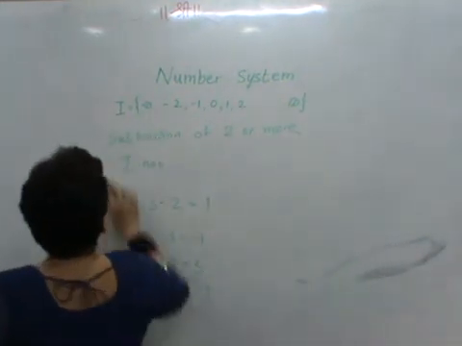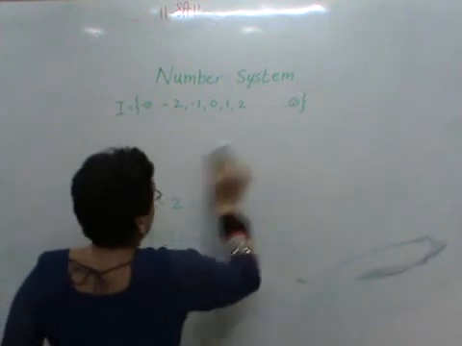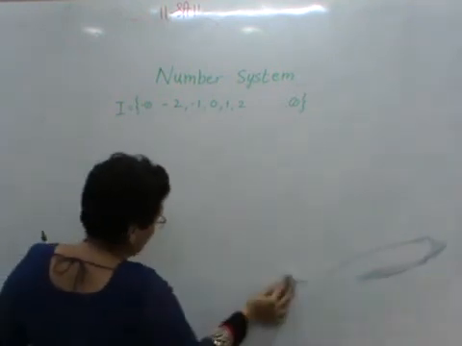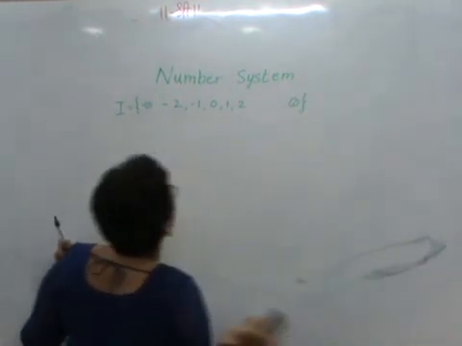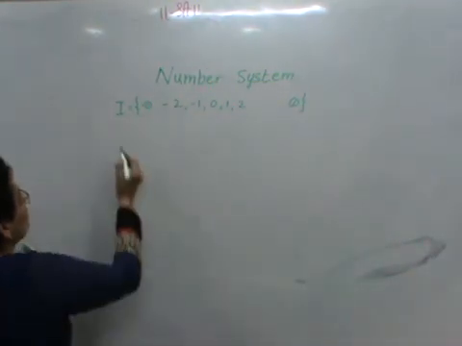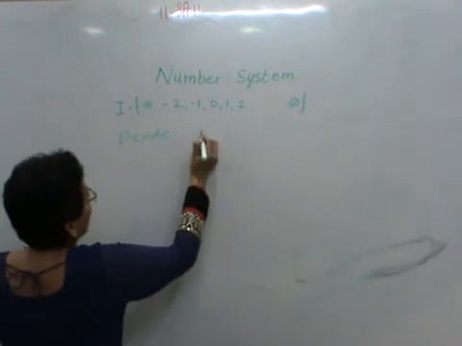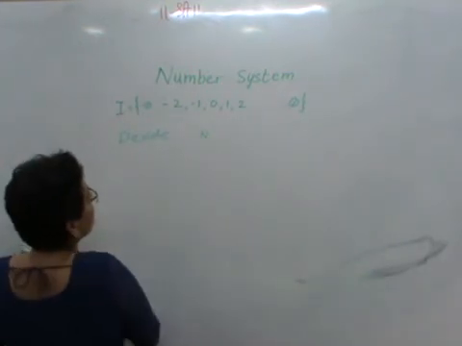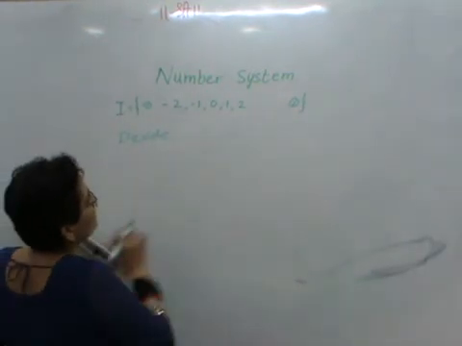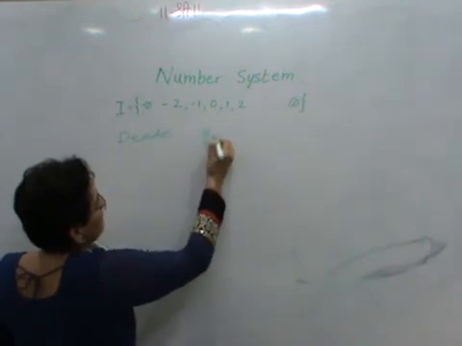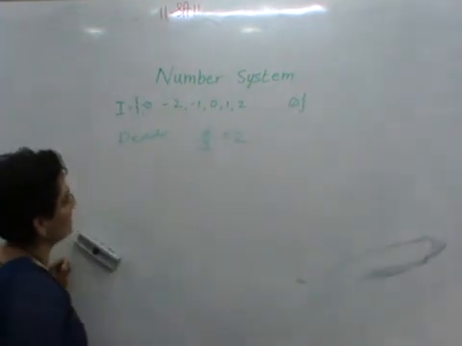Now let's come to the most important, division. So whenever you want to divide a natural number by a natural number, 6 upon 3, 2 is a natural number.